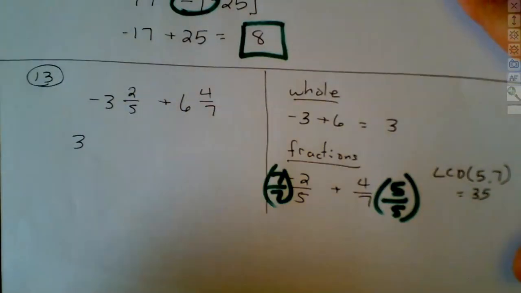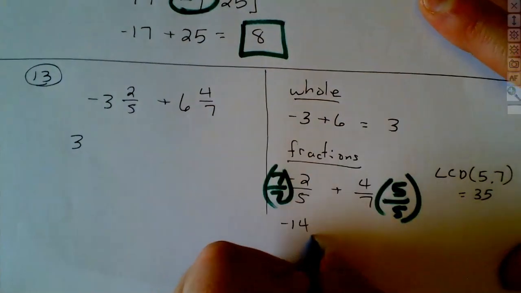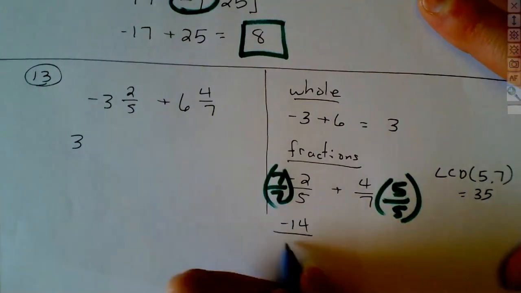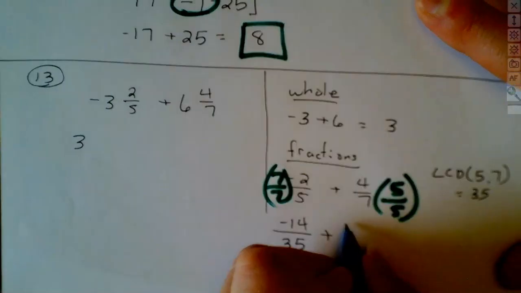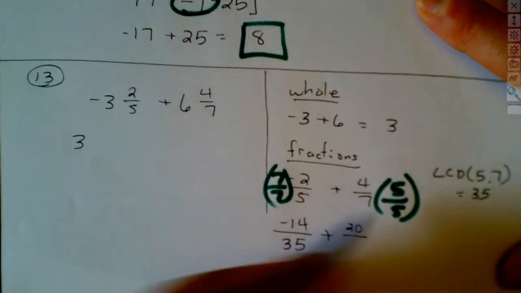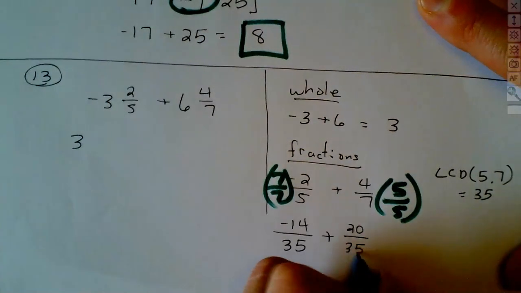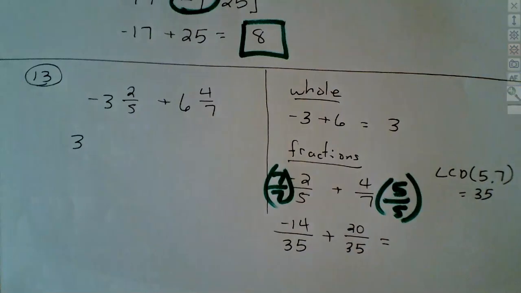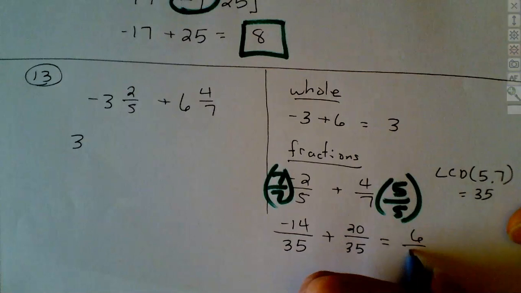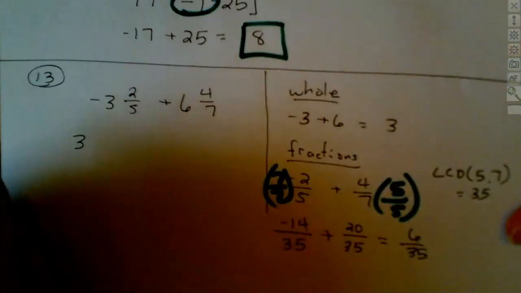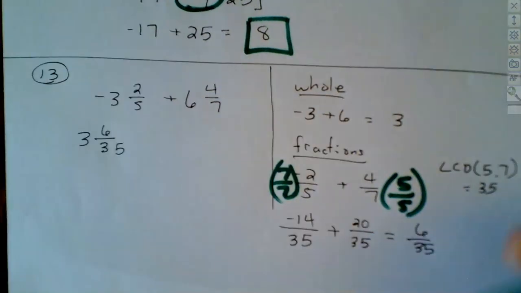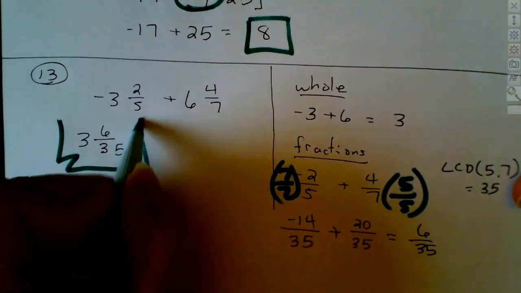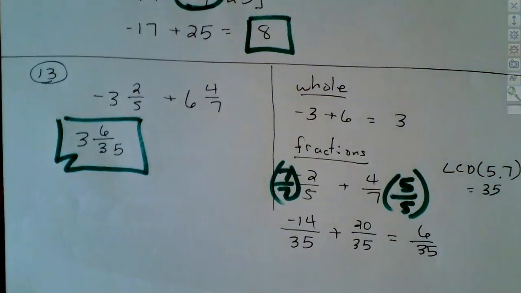And 7 times a -2, well, that is a -14. 7 times 5 is a 35. That's what we want. 4 times 5, that's a 20. 5 times 7, that's a 35. Add those together, and we get 20 minus 14. Watch your signs. That's a positive 6/35, and that's going to be our answer. So what is my complete finished answer? 3 and 6/35.